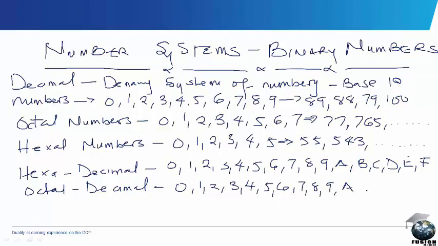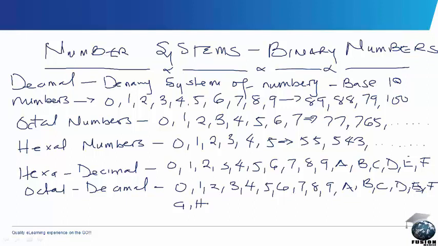The 10th digit is the A, the 11th digit is B, the 12th digit is C, and it follows that way, 14, 15, E, 16, 17, and then 18.